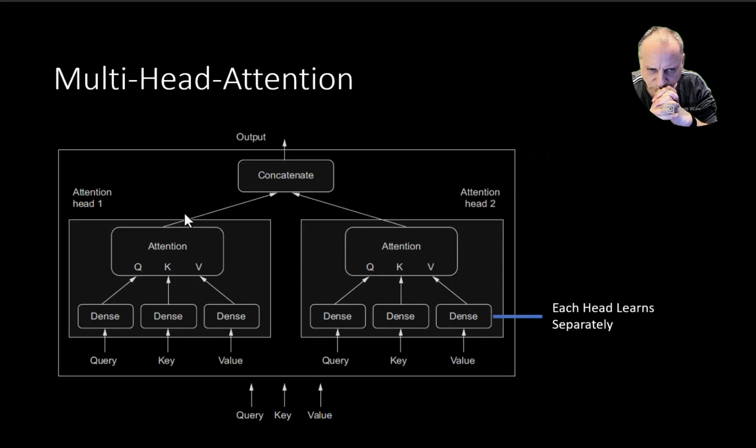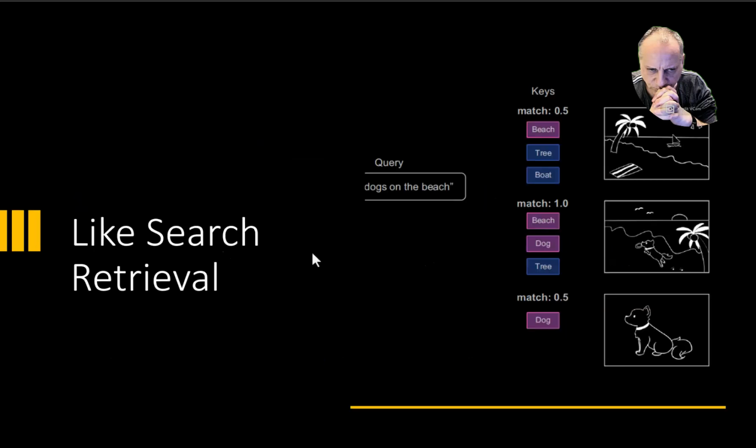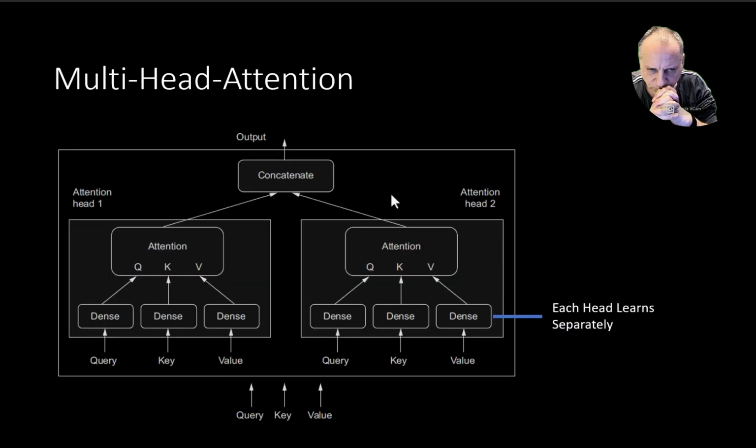Now in an image, like here we have a beach and we have dogs, we have multiple things. So in reality, we need to pay attention to several things, and that's what multi-head attention is about. It's about having these queries that are looking for specific things.